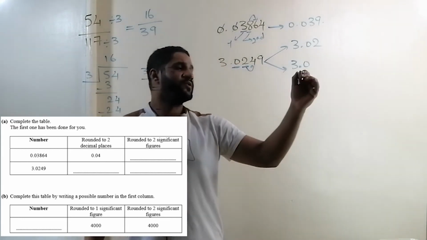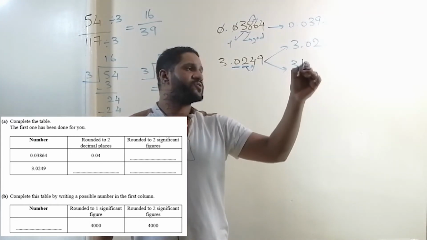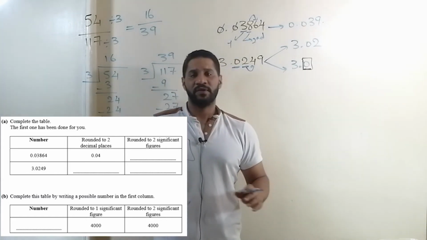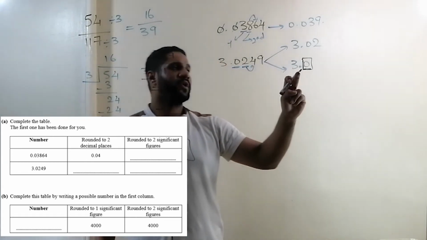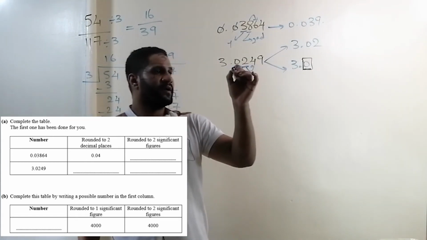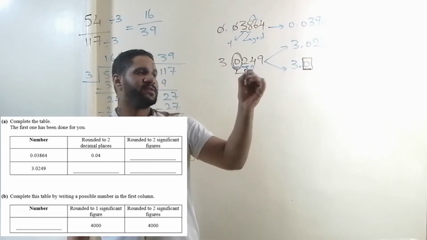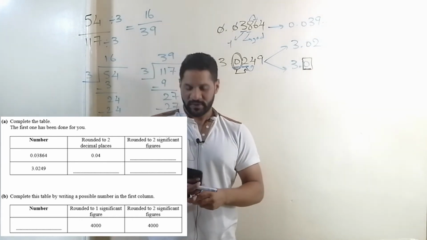Because he wants me to round to the second significant figure, so you must stop at it. Even if it's a 0, write it. They wanted me to round at the second significant figure, and this is my second significant figure. Beside it is a weak number which won't affect it, so write the 0 as it is.